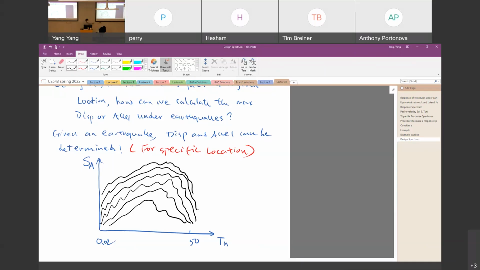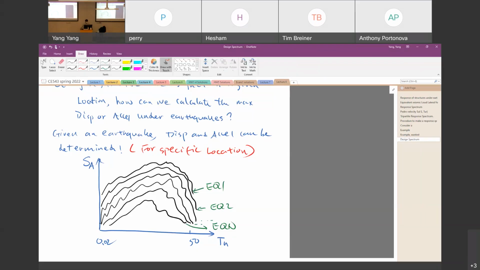So for example, we have earthquake 1, earthquake 2, and so on, up to earthquake number n. The number n depends on how many earthquake records you have collected during the past 80 years. So in order to consider all the cases, we will have to consider all the response spectra here.